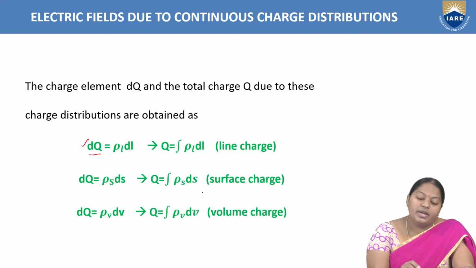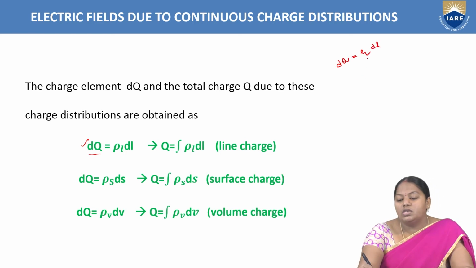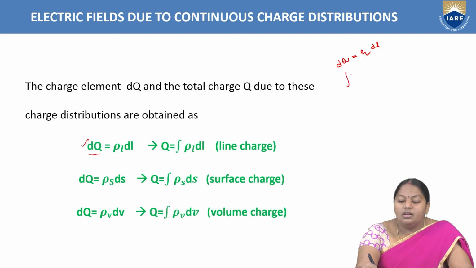Then to find q from this differential element dq, we consider integration on both sides. So dq equal to rho L into dl. Integrating both sides, integral dq equal to integral rho L dl.